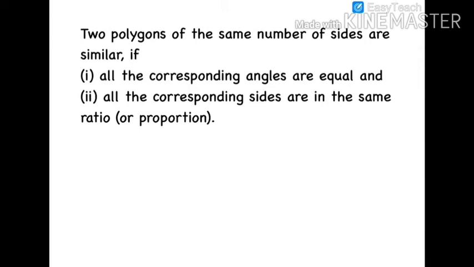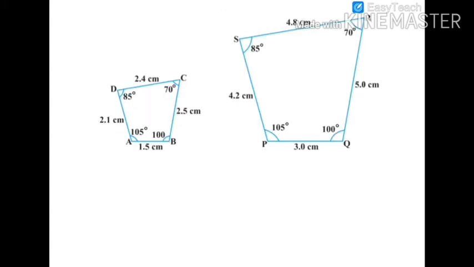Now we will look at a few more examples to understand whether both these conditions are necessary for two figures to be similar. We have quadrilateral ABCD and quadrilateral PQRS. By looking at the figure, we can say that angle D is equal to angle S, both are 85 degrees. Angle A is equal to angle P, both have the same measures, 105 degrees.